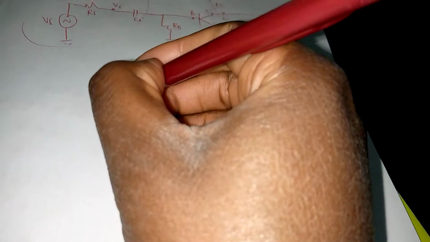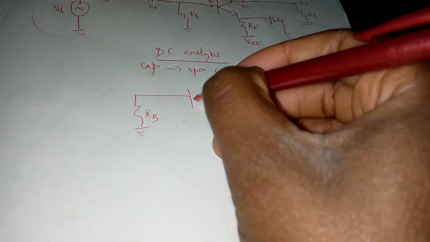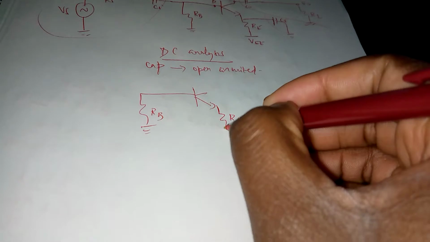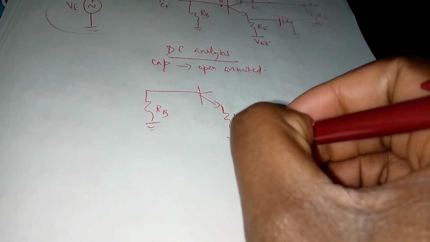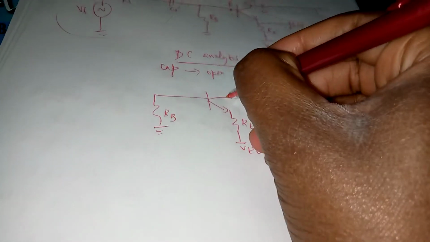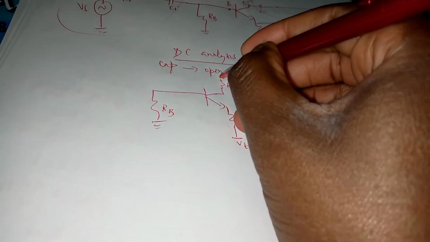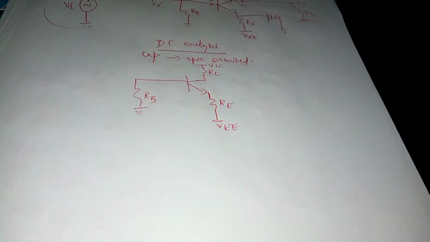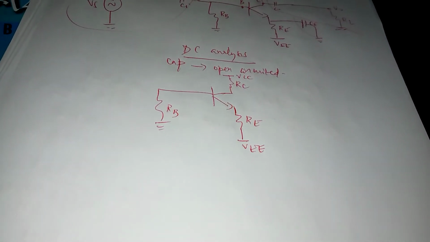So we are left with just RB to ground. Then we've got the base, got RE to VEE. Then on the other side we've got RC to VCC. That's what is left of the circuit, because the caps behave like open circuits.